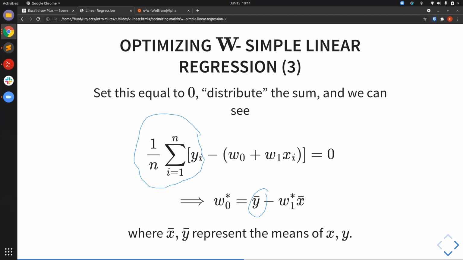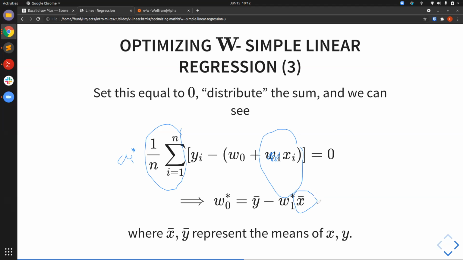Now let's look at the next term. So now I'm going to take this sum, distribute it in front of this. So now I have the sum from 1 to n of w1 xi. That term, once I find the optimal value of w1, which I will eventually, w1 comes out in front of that. And now I just have 1 over n times the sum of all the xi's.